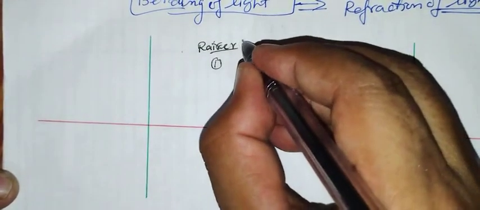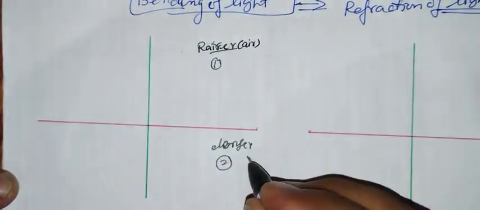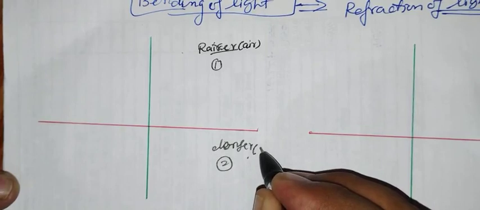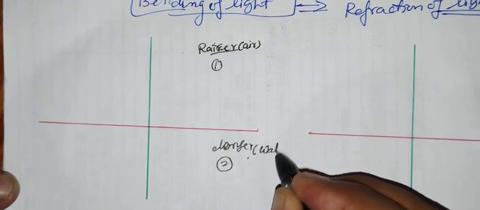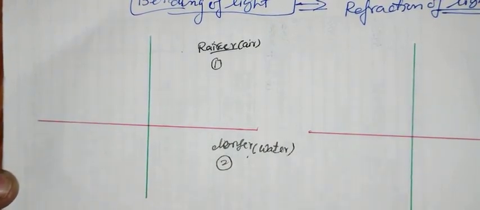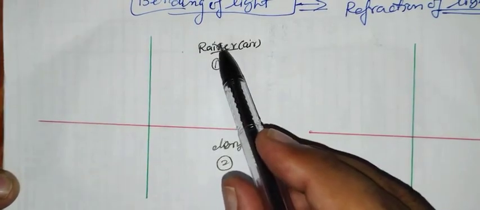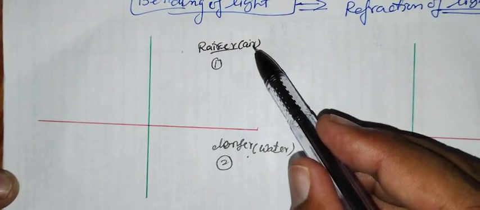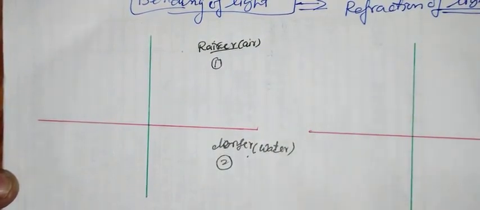Rarer medium you may say air, denser medium you can take glass or water, suppose. So when we compare air and water, air is a rarer medium than water.